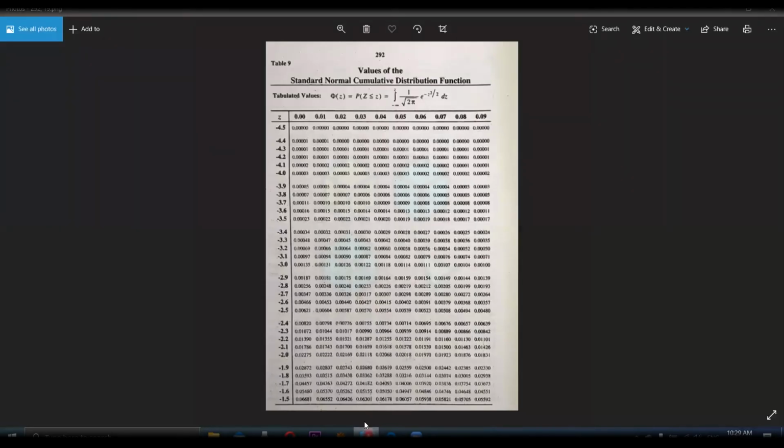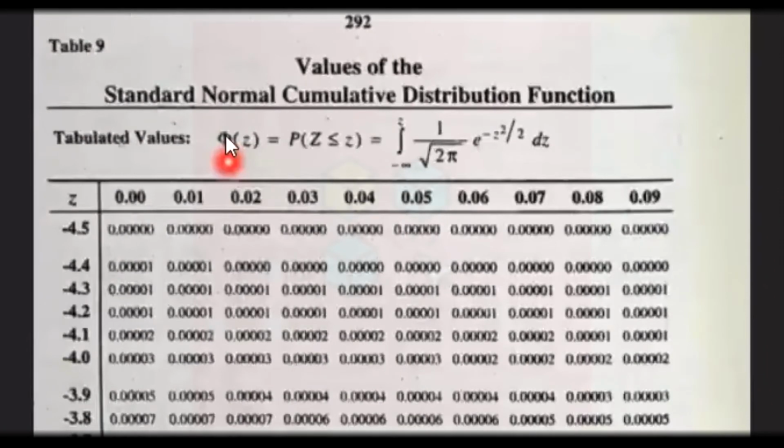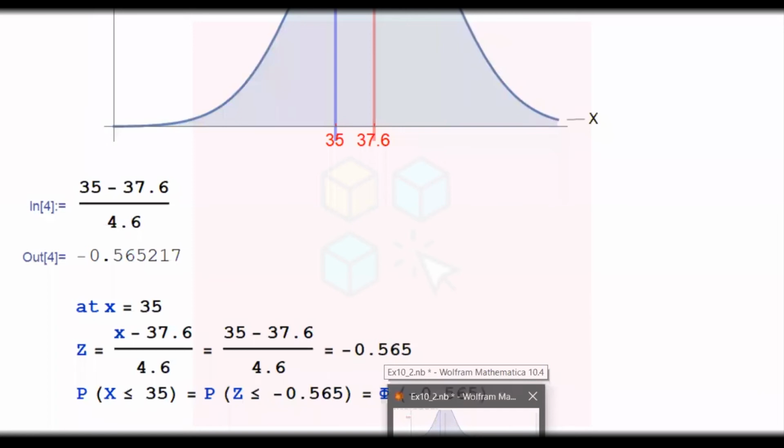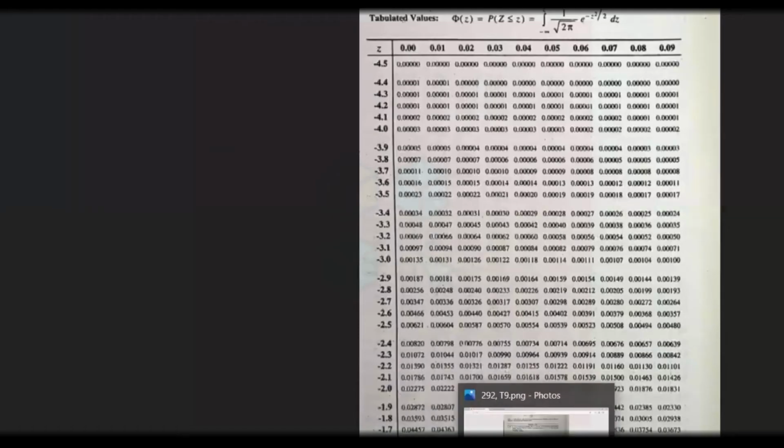This is our table, in which phi of z is in the title of the table. So minus 0.565. In the table you can locate it.